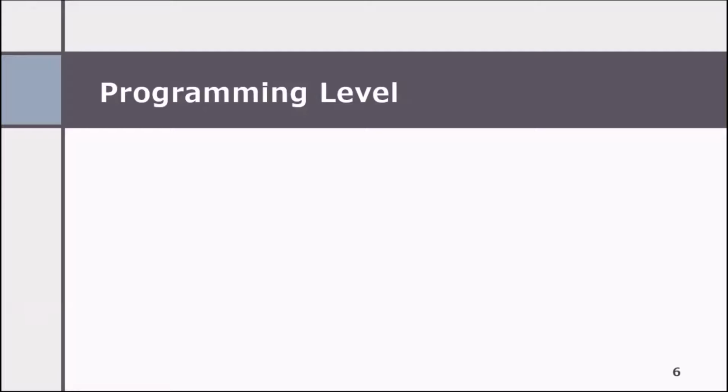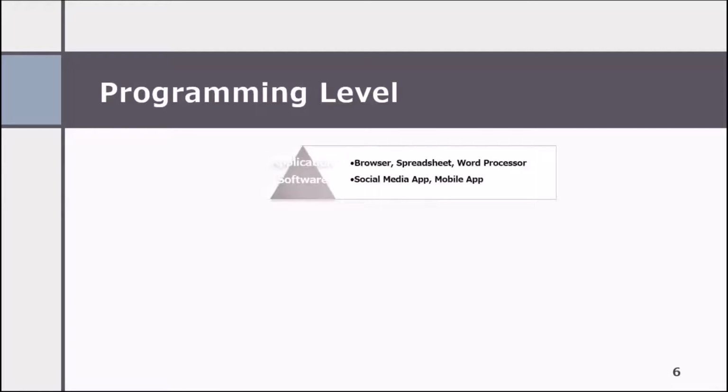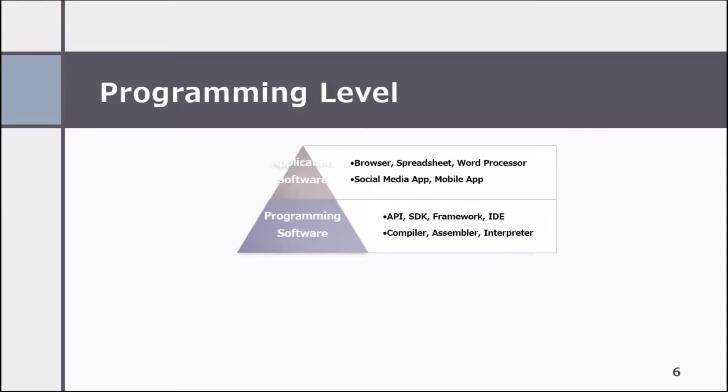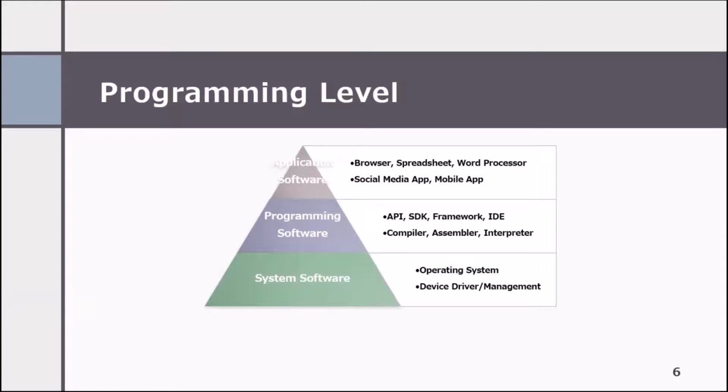So from application perspective, as to what makes it run is software and hardware. And there can be different programming level which overlaps, based on each layer of abstraction, from application software like browser, spreadsheet, word processor, social media app, mobile app, to programming software, which helps to do programming like API, SDK, framework, compiler, assembler, interpreter, IDE, system software, which is at the level of operating system, device driver, and management of devices.